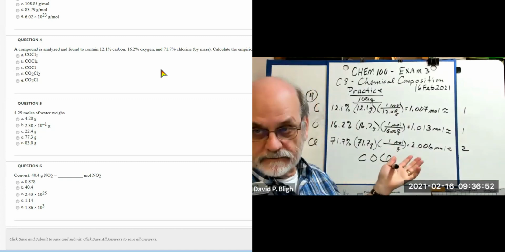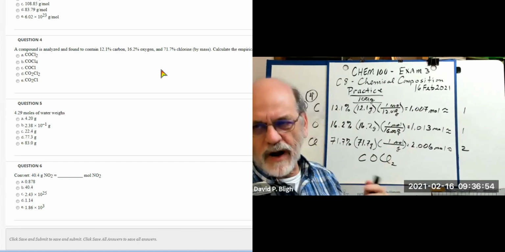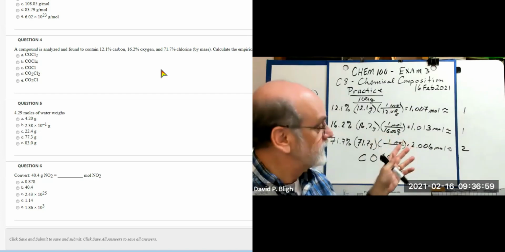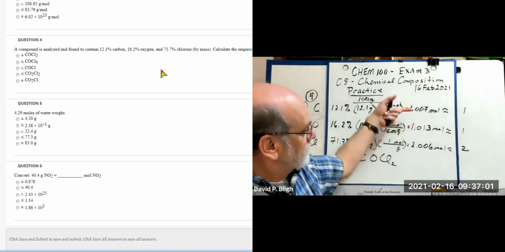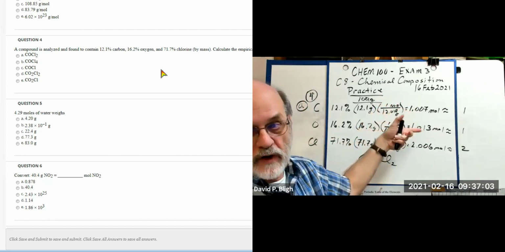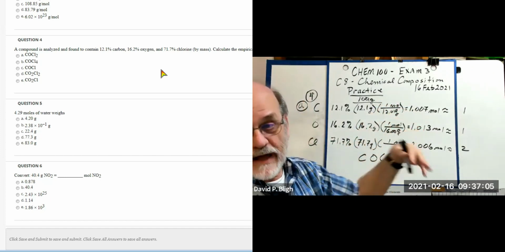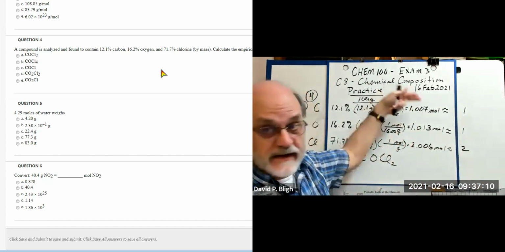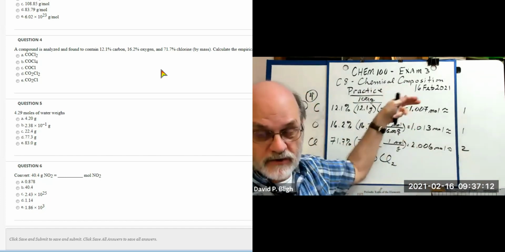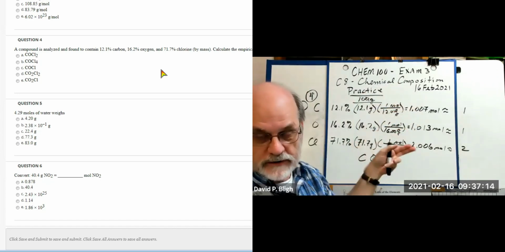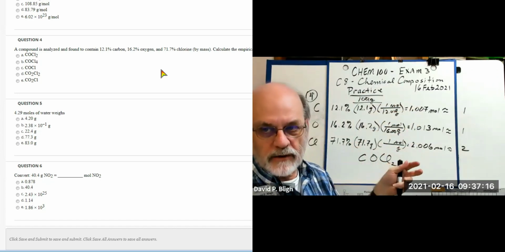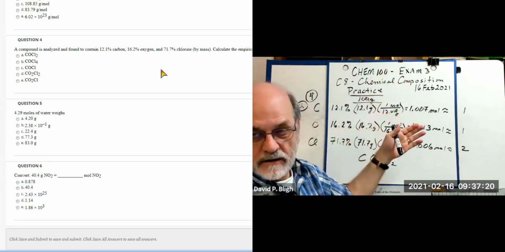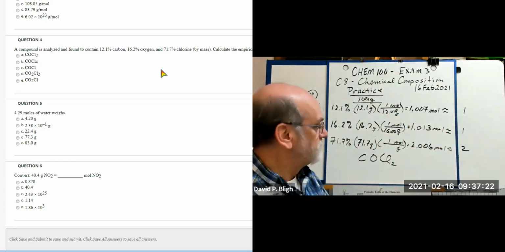Now we got lucky, right? Or the problem was created to give us these results. But very often, these values here are not close to whole numbers. So then you have to go an extra step. We've established the ratio moles to moles to moles, but you want to get whole numbers. So the next trick is to convert these into something that resembles whole numbers.